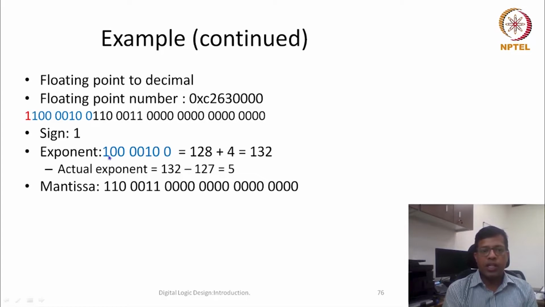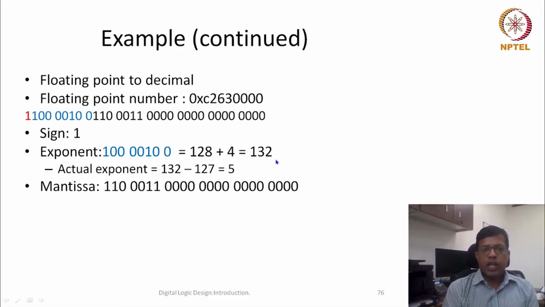Sign is 1 and exponent is 1 0 0 0 0 1 0 0. If I put this in decimal, it becomes 128 plus 4. How do I find 128? The weights are 1, 2, 4, 8, 16, 32, 64, 128. So 128 plus 4 is 132.